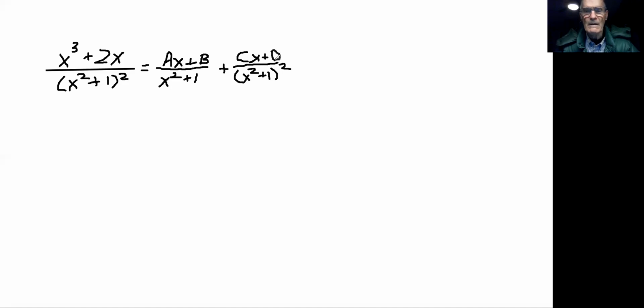Now I do the same thing that I did in the previous situation. I take this entire expression and multiply it by the denominator, which is x squared plus 1 quantity squared. On the left side, I just have my x cubed plus 2x.